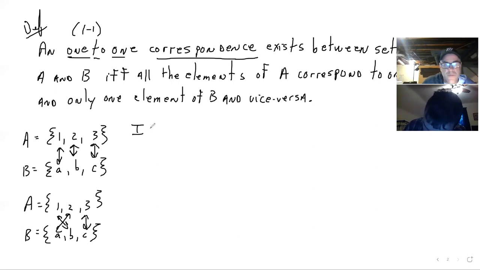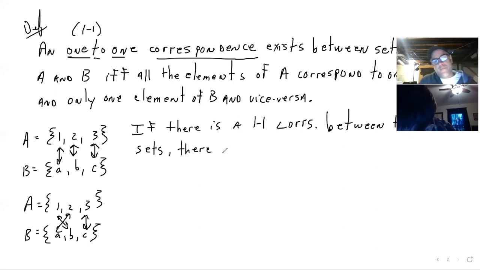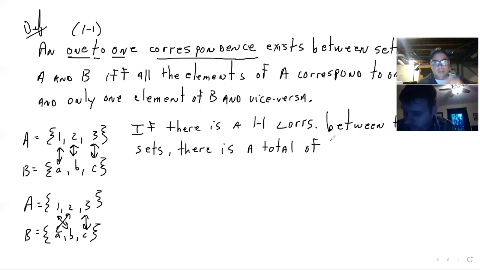So let me write up a little thing here. If there is a one-to-one correspondence between 2 sets, so if you know you got 1 and you're wondering, well, how many would I have total?